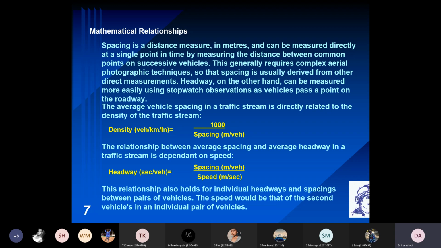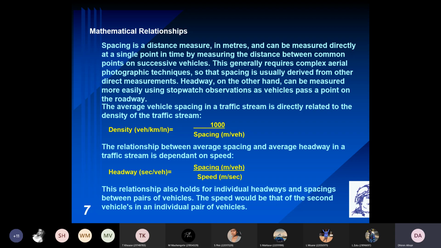Below that in yellow, you can see the relationship between headway and spacing. The units for headway are seconds per vehicle. Your spacing was in meters per vehicle.